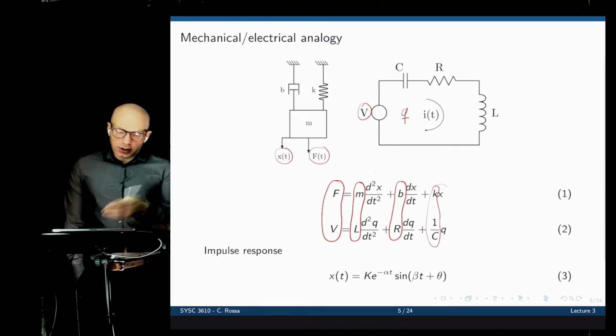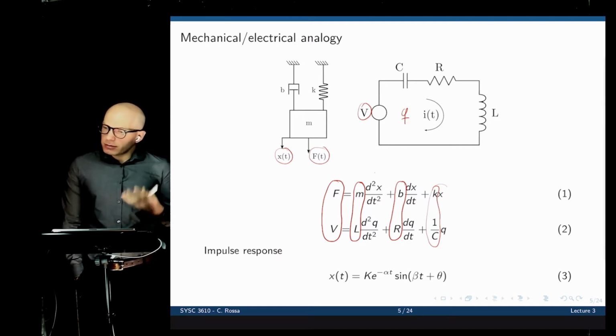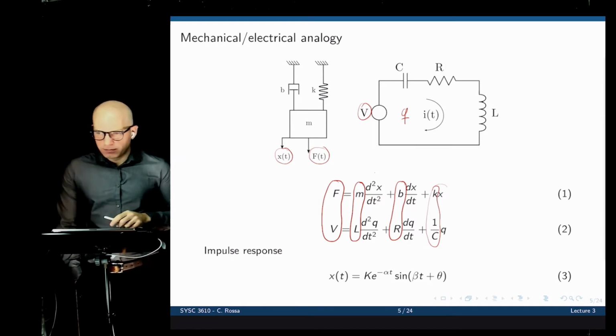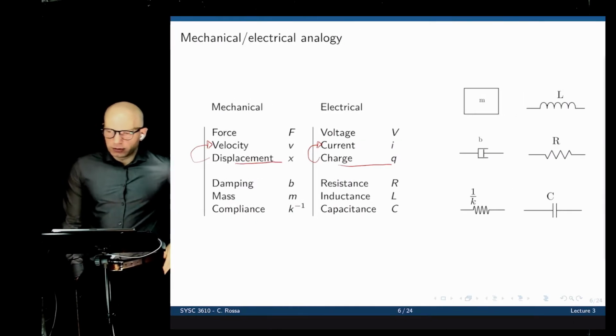If, for example, in an electrical system, the capacitance is too small, it may be neglected, or the inductance, but it depends on the system we are trying to model. That's specific to the mechanical or the electrical system. It's not the analogy between them. How we account for them really depends on the system. The more accurate the model, the better. But sometimes we can make simplifications to get an easier form of the equivalent model.